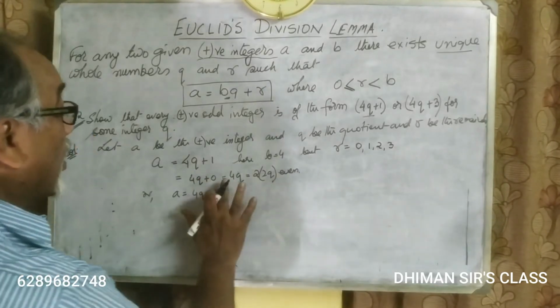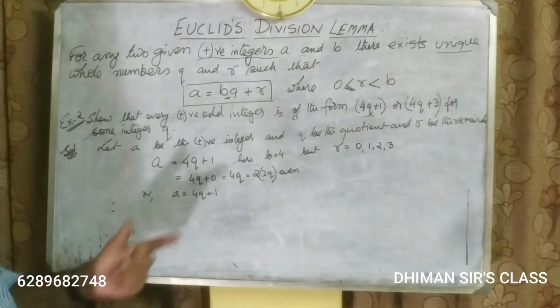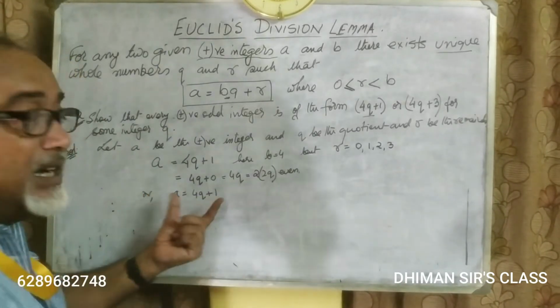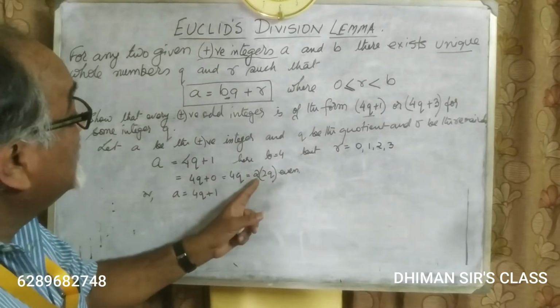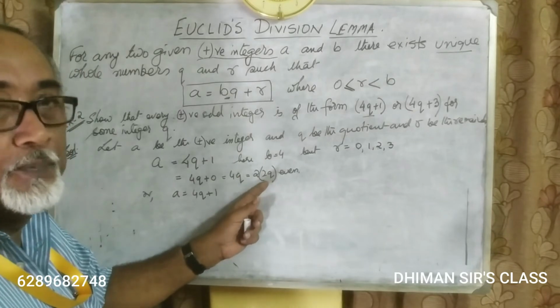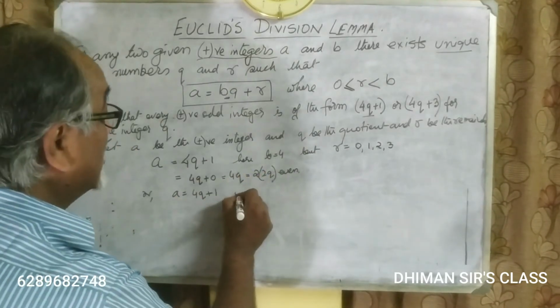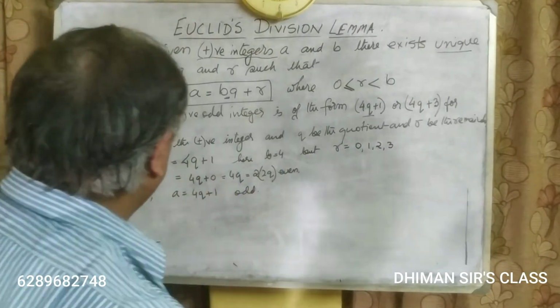No. There is no common factor, so obviously it has to be odd. It is not divisible by 2, because if we could find 2 as common, it would be divisible by 2 and so an even number. But it is not divisible by 2, so it has to be an odd number.